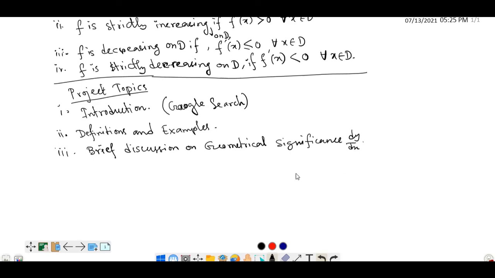You need to discuss this. For this, you can go through any book of class 11 and the elementary part of derivatives, the chapter on derivatives. You will find there the explanation of how the derivative becomes the slope of the tangent. So that you need to discuss here.